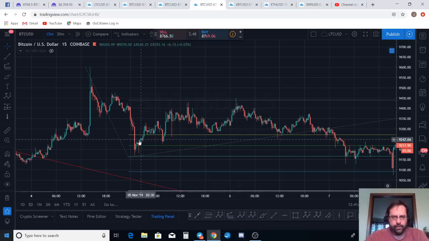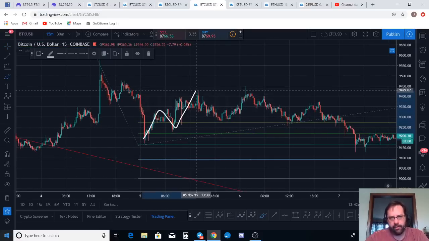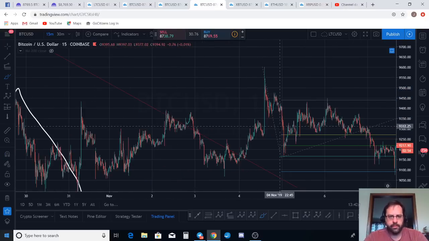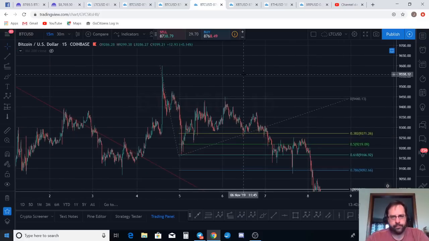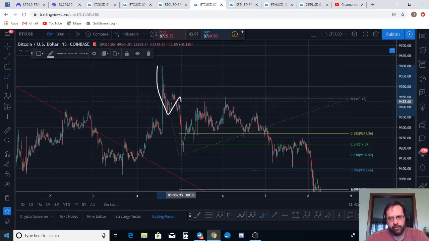We were trading this in the group. We were actually long right here, and then it came up and did this little stop out move and came on down. Regardless, what we have is an interesting wave here. Three waves.